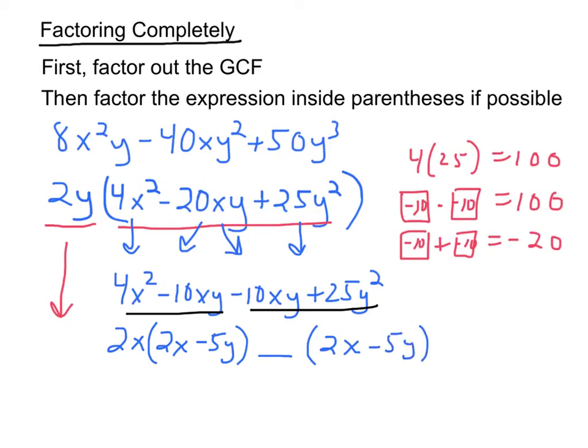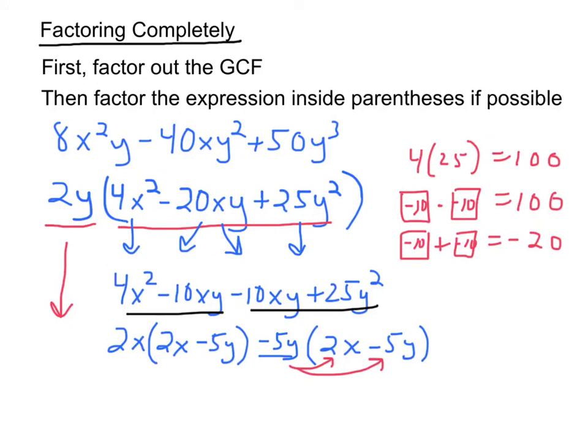And then we want to try to think what number would multiply out to equal a negative 10xy plus 25y squared. And it looks like it's going to be a negative 5y. Minus 5y works in both cases.